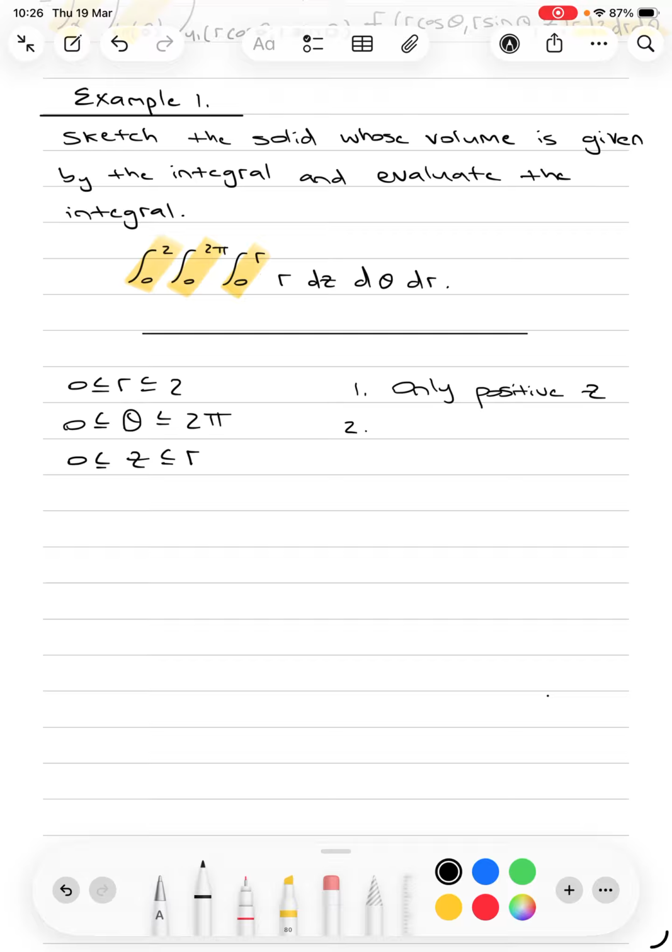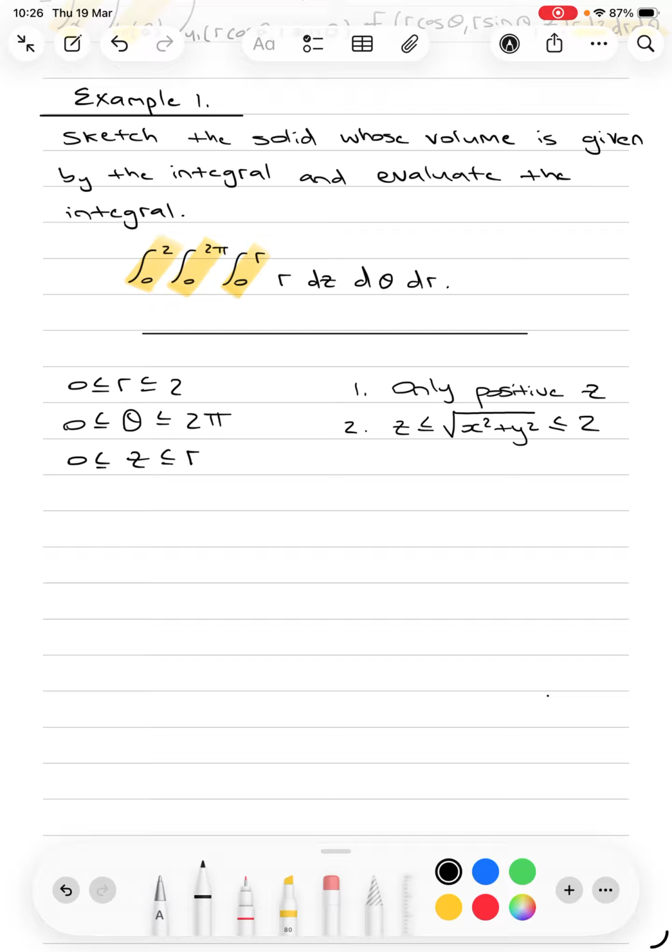And how else should we view this? Well, we can express r in terms of theta or x and y. So the inequality, z being less than r, really means this, if we express it in Cartesian coordinates.